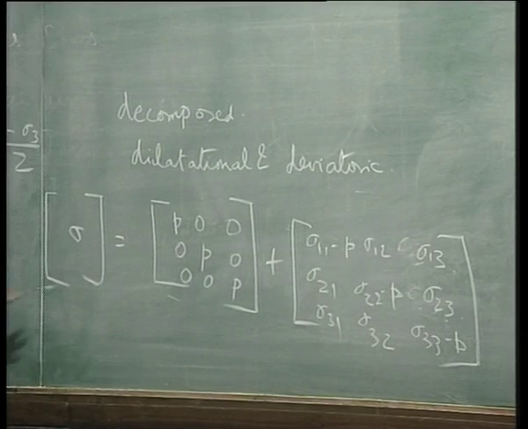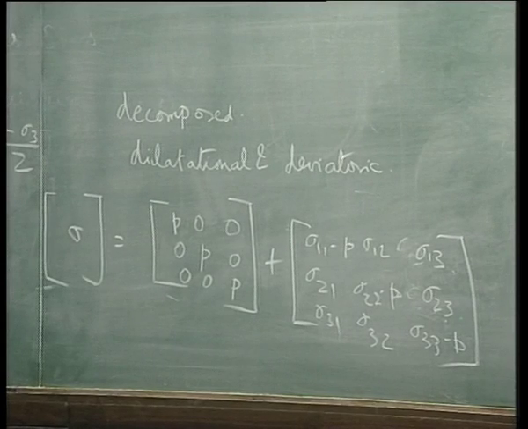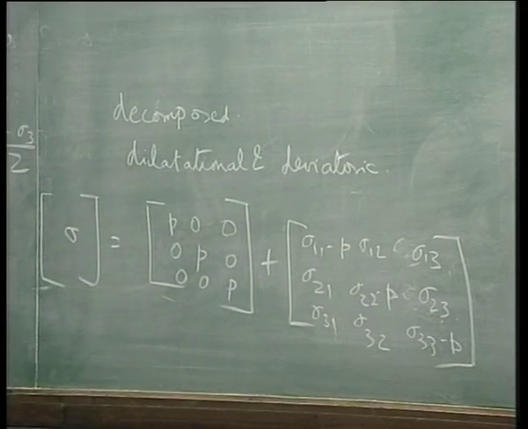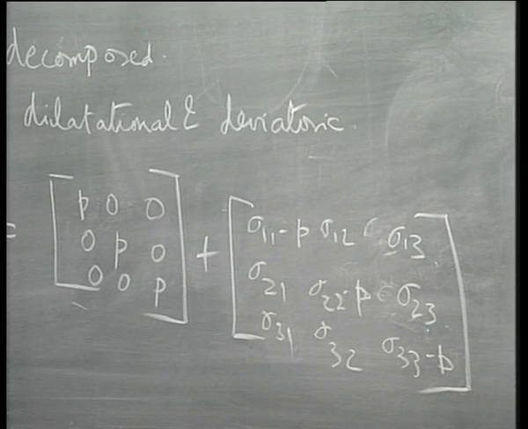Why did he do this? He did this because he and many others found out that of these two parts, it is the deviatoric part which is responsible for yielding, and the dilatational part does not play a role in yielding.